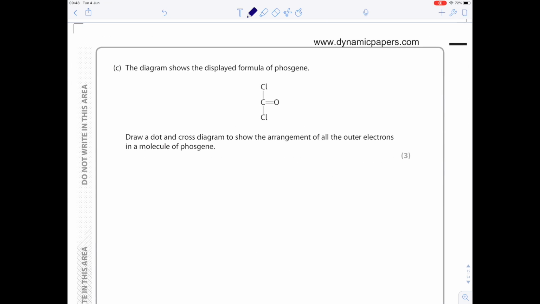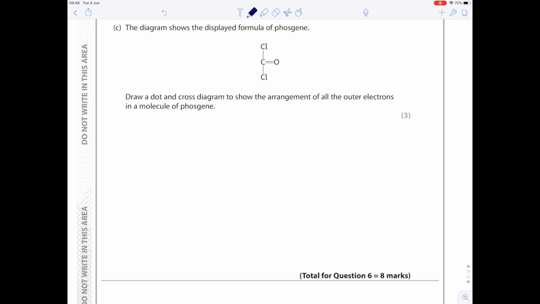The diagram shows the displayed formula of phosgene. Draw a dot and cross diagram to show the arrangement of all the outer electrons in a molecule of phosgene. Okay, so this is surprisingly complicated. So we're going to use their picture to help us draw this. I'm going to label my elements.